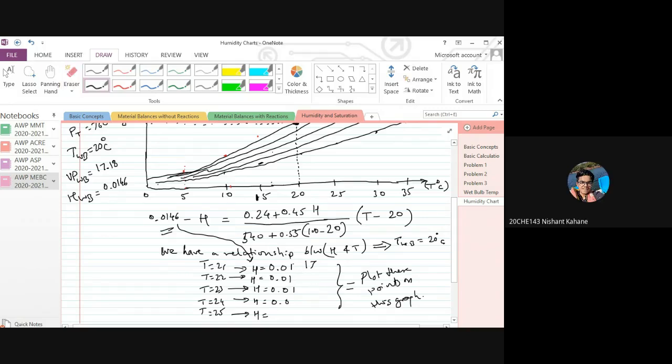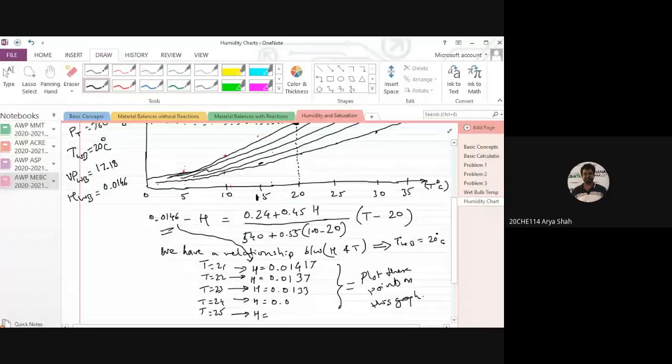Sir, 1375. I extended the previous. How can it be more than HWB? I extended the previous one. 0.0133, that is corresponding to 23 degrees centigrade. Anirudh, check your values. How can it be more than 0.0146? Yes, sir, I made a mistake in the formula.